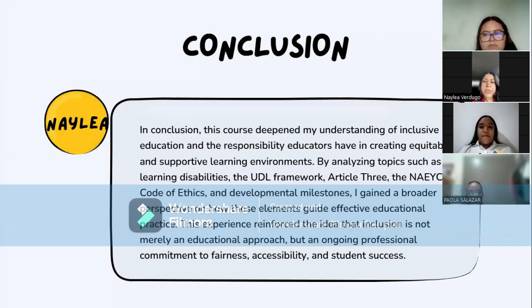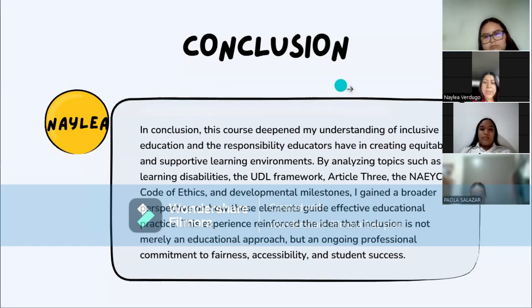In my conclusion, this course deepened my understanding of inclusive education and the responsibility of educators in creating equitable and supportive learning environments. By analyzing topics such as learning disabilities, the UDL framework, Article 3, the NAEYC Code of Ethics, and developmental milestones, I gained a broader perspective on how these elements guide effective educational practice.